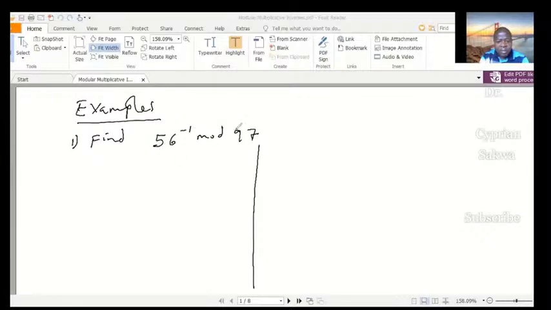Fermat's theorem says that P here must be prime and it should not divide 56. If P is prime and cannot divide 56, then Fermat's little theorem can be used.